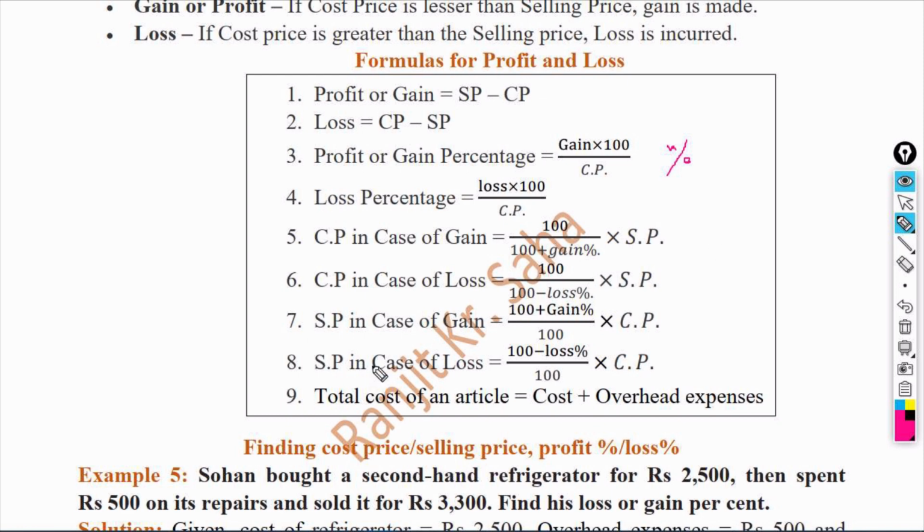And SP in case of gain is just the reverse process, 100 plus gain percent divided by 100 into CP.